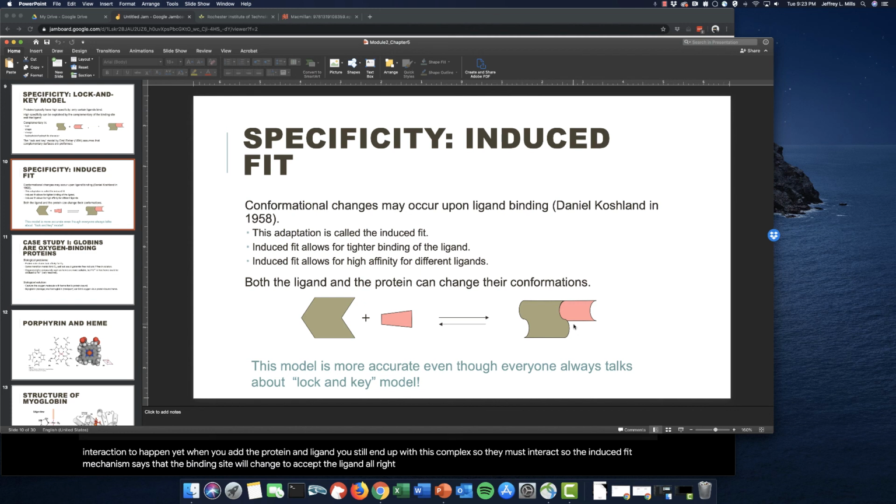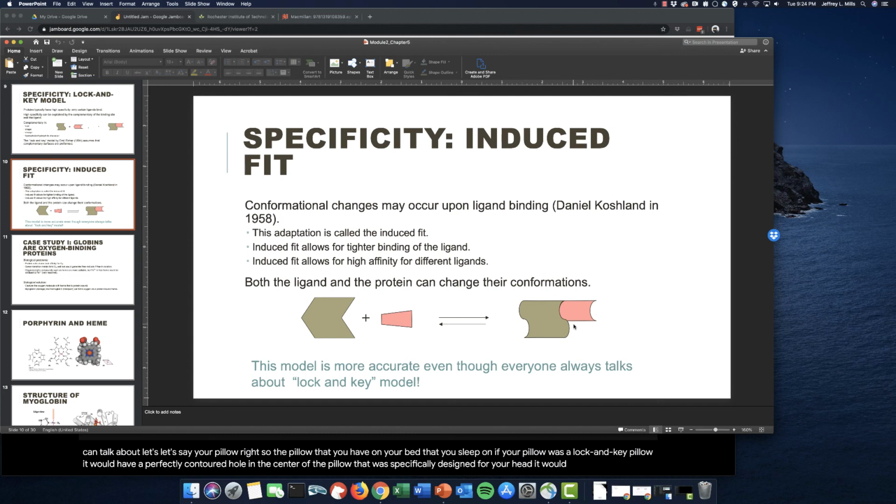Right? If you want to think about this in more concrete terms, you can talk about, let's say, your pillow. So the pillow that you have on your bed that you sleep on. If your pillow was a lock and key pillow, it would have a perfectly contoured hole in the center of the pillow that was specifically designed for your head.